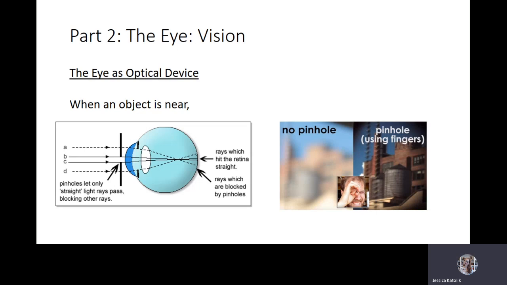And as a result, it's going to help create a more focused, crisper image. So this would be without a pinhole, and this would be using a pinhole to be able to control which rays of light enter the eye. So that's cool, geeky. I hope you give it a try and check it out.